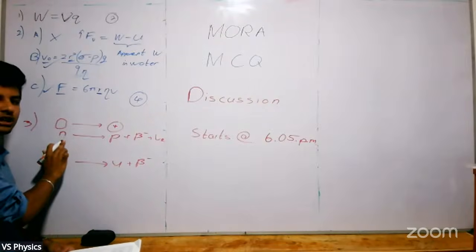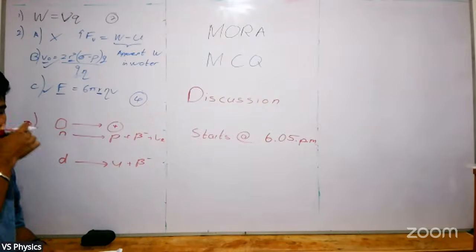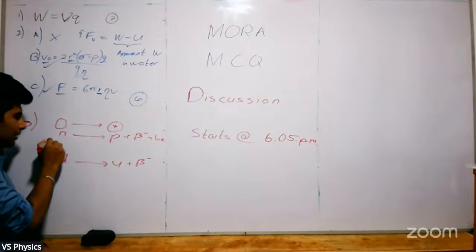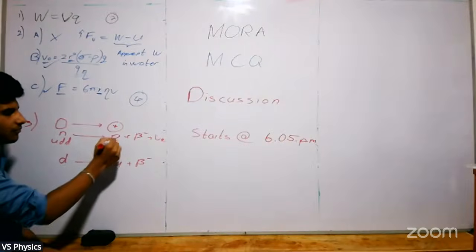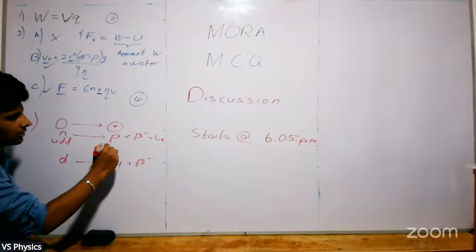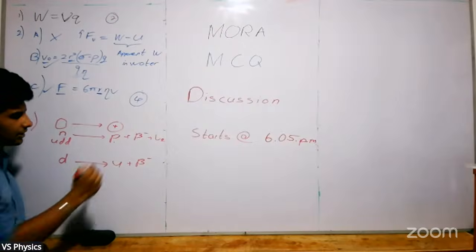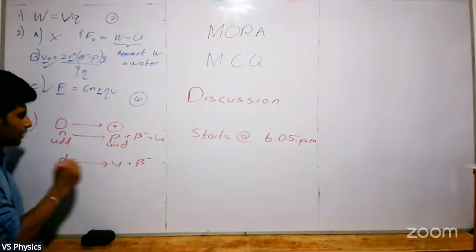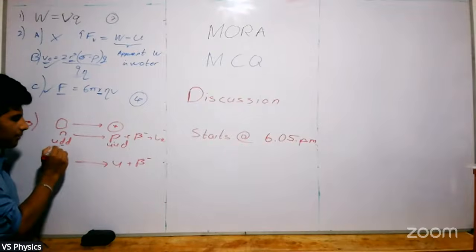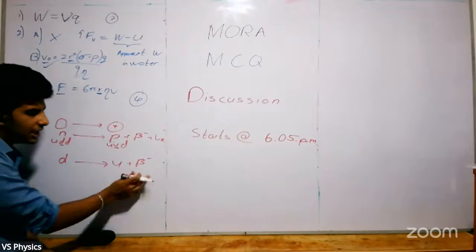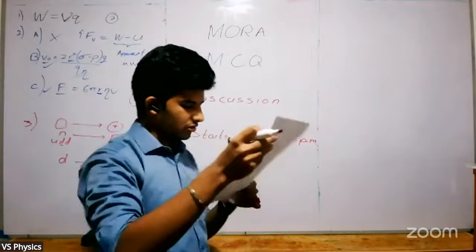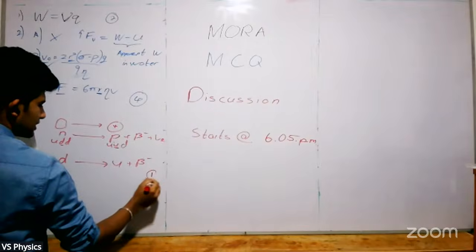How can you write a neutron in quarks? Up down down. A proton is up up down. What is the difference? One down has gone to up. That is what happened. So our answer there is the first answer.